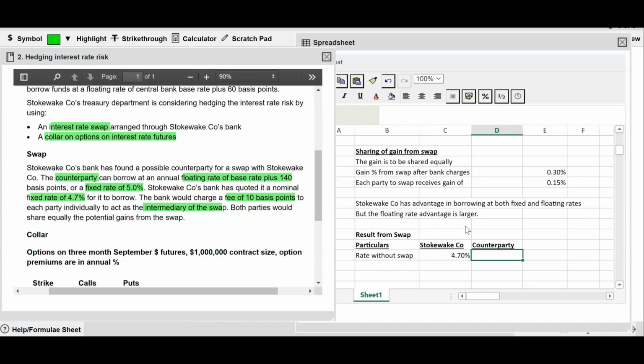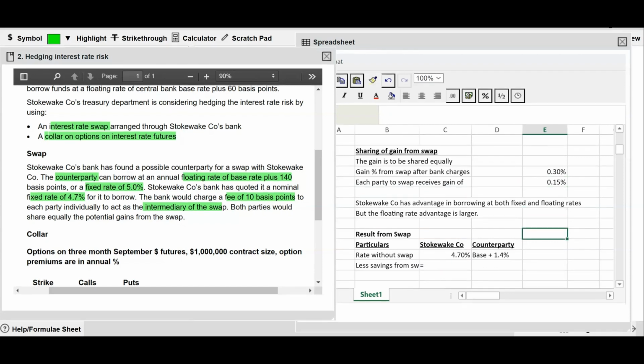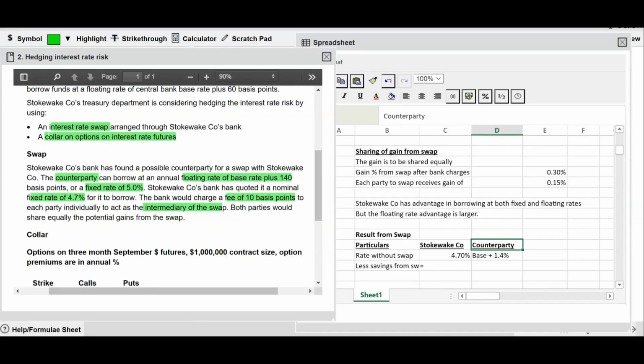And when Stockwake takes fixed, no doubt for the swap purpose, the counterparty is going to take the floating, which is going to be base plus 1.4 percentage, less the savings from swap, which is going to be given equally, 0.15 percentage, here also 0.15 percentage.